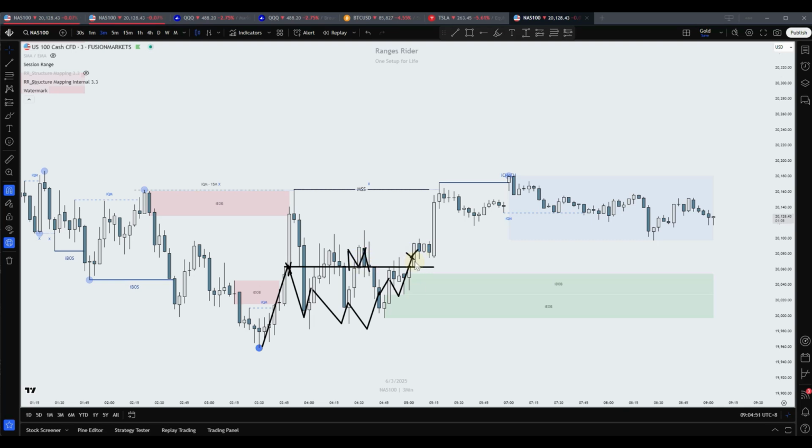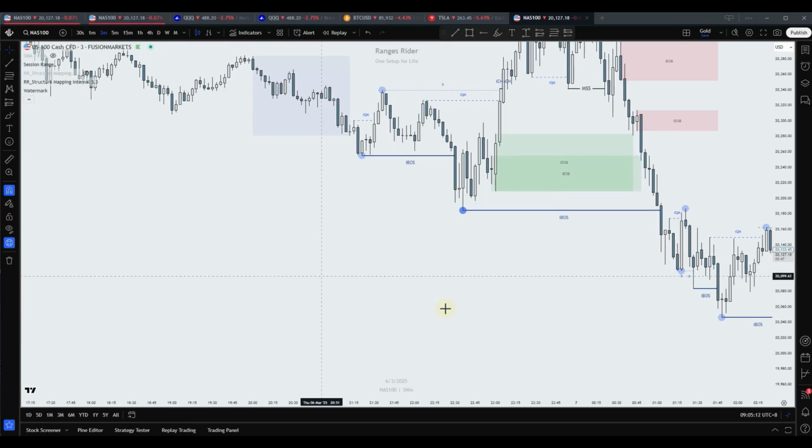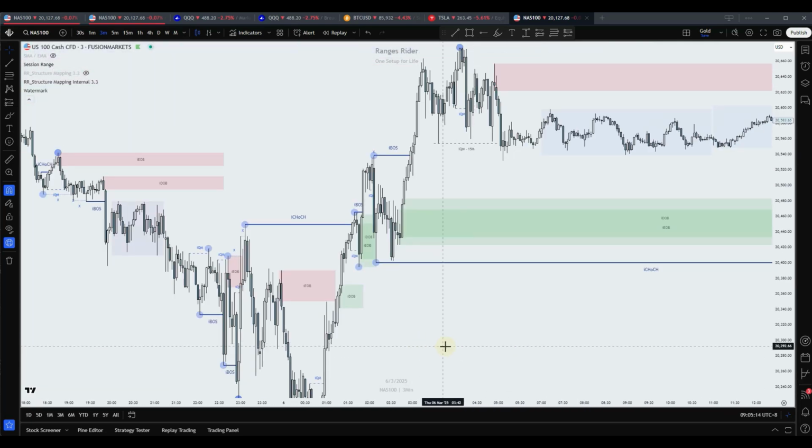Okay, and then we will be looking to buy here and targeting this one. Since this leg already reached here, even if this is a market structure shift, at the same time this is a change of character as well, so this is a little bit different concept. But of course you understand what the major market structure shift is.